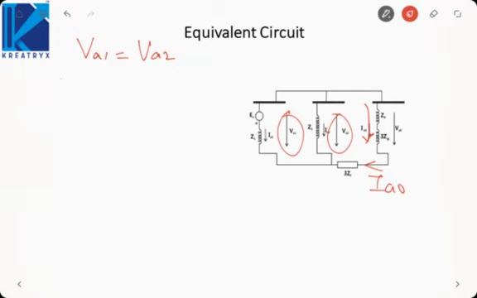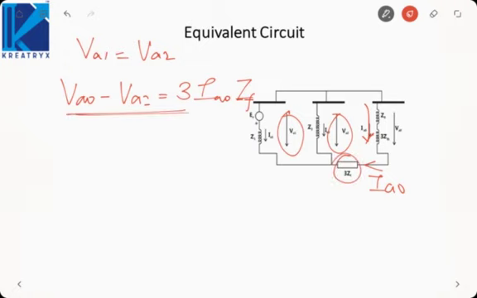If we apply KVL, VA0 minus VA2 will be equal to 3 IA0 into ZF, because the impedance is 3 ZF. That is what we derived in the last slide: VA0 minus VA1 was 3 IA0 ZF. And VA1 and VA2 are identical, so VA0 minus VA2 should also be 3 IA0 ZF.